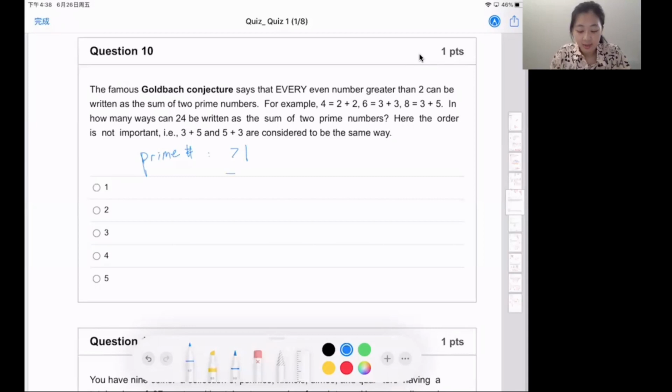It has to be greater than 1, and 1 is not a prime number. Okay, and then let's write down the prime numbers before 24.